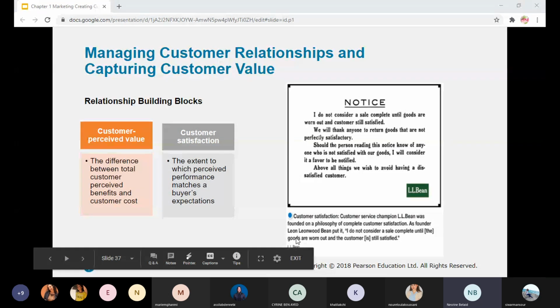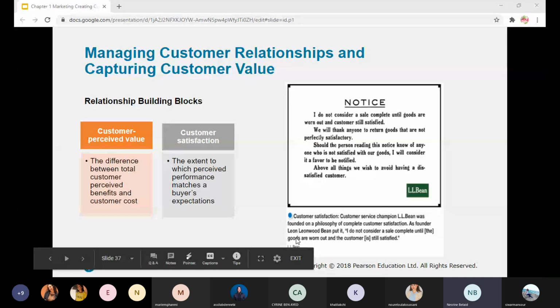So the key to building lasting customer relationships is to create superior customer value and satisfaction. Satisfied customers are more likely to be loyal customers and give the company a larger share of their business. So if we have a satisfied customer many times, this customer will become loyal, okay?